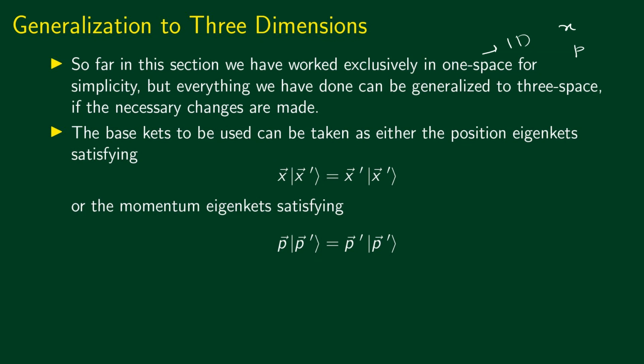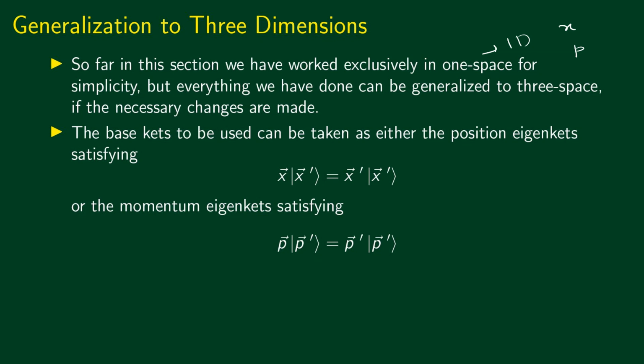And this x vector prime means that we need three coordinates to locate the particle. So if you want to specify the position eigenket, you have to give three numbers, the x, y, and z coordinates, or in this notation, x1, x2, and x3 coordinates. So this x vector prime can be thought of as a collection of three eigenvalues, one along the x direction, one along the y direction, and one along the z direction.